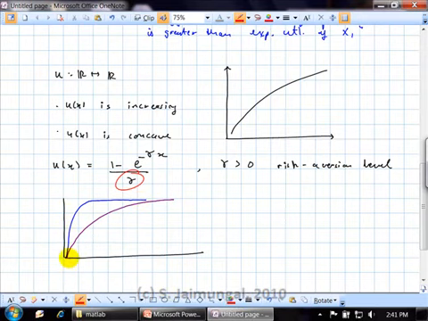If I have a small change in my wealth here, that's going to cause that much change in my utility versus that much change in my utility of an agent with a larger gamma. So the increase in utility by an increment in my wealth is larger for the larger gamma agent. So gamma represents the risk aversion of that agent.